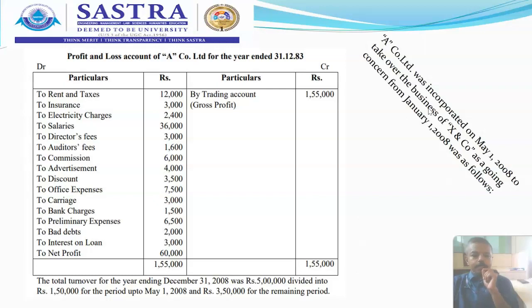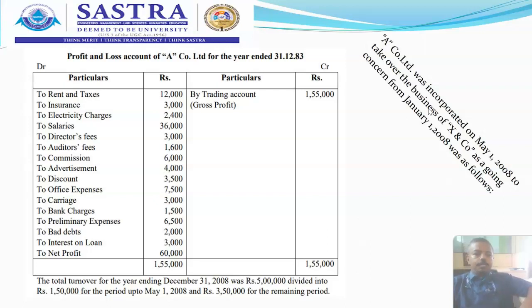The company was incorporated on 1st May 2008. The accounting year starts on January 1 and ends on December 31, but the business was purchased and incorporated as a company on May 1. Now go through this question and come out with your solution.